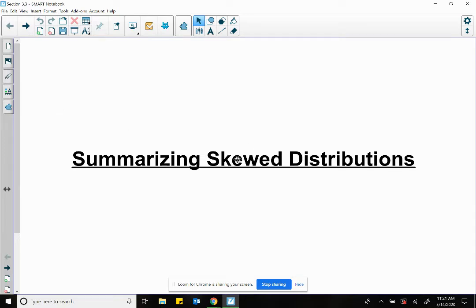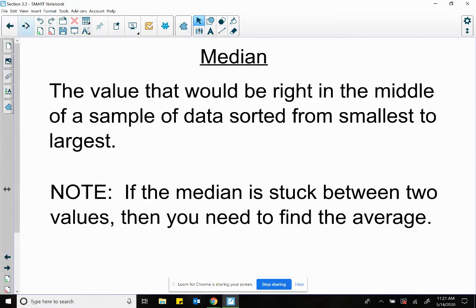So when it comes to skewing and summarizing their distributions, other than by looking at the graph, we're going to look at a lot of things that you already kind of know about. We're going to look at the median. The median ends up being what we would usually consider the typical value. Now this isn't like what we talked about with shape in categorical data.